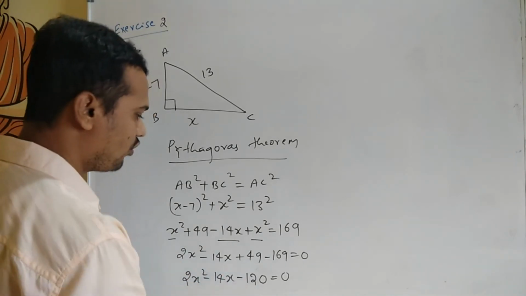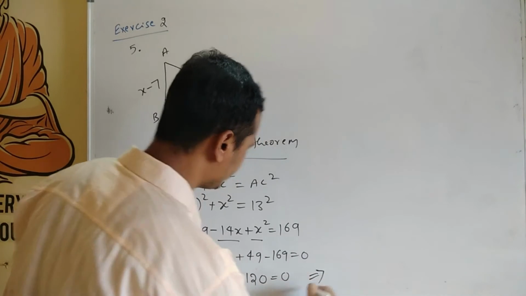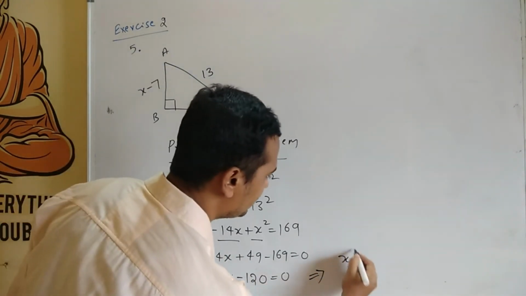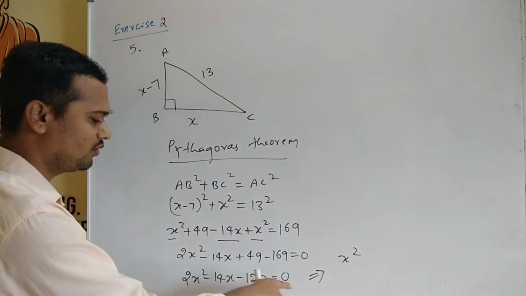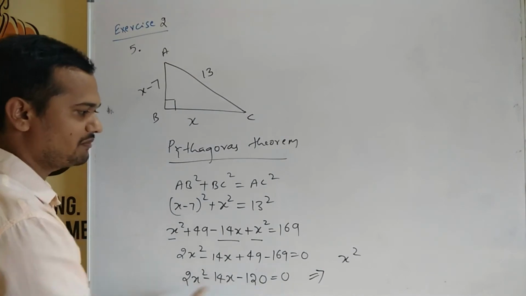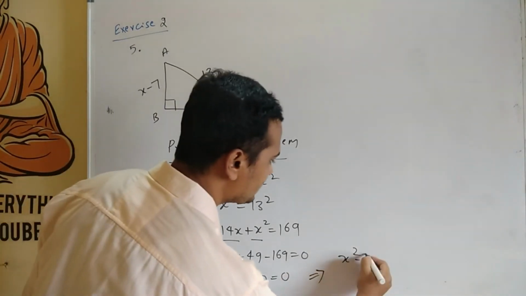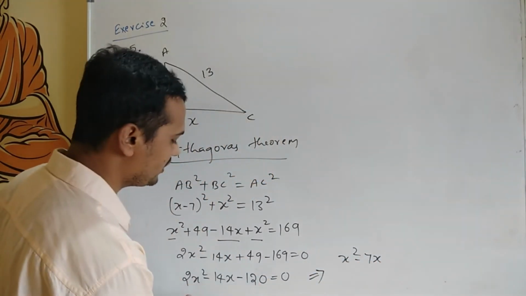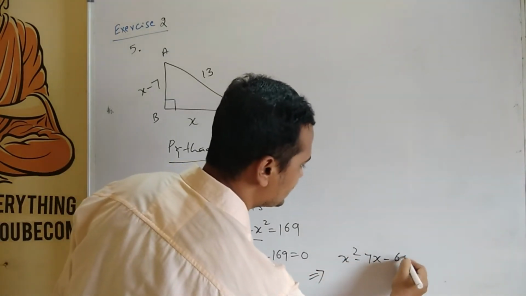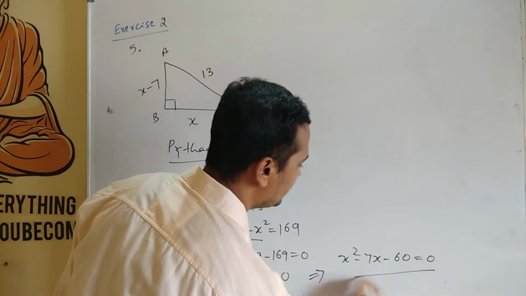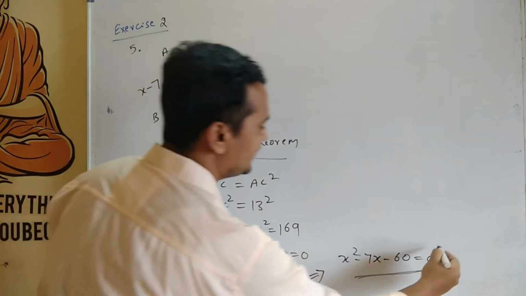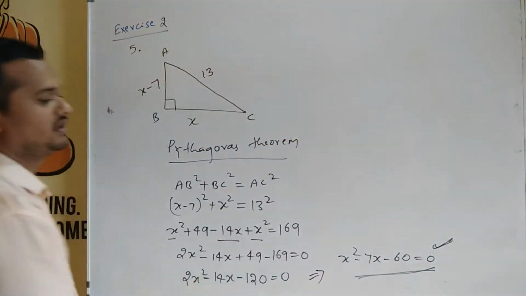So if I take 2 common, what will I get? Taking common is dividing the whole equation by 2. If I divide this by 2, then I will get x square minus 7x, that is 14 divided by 2, and then minus 60 is equal to 0, right? So this is the required equation.